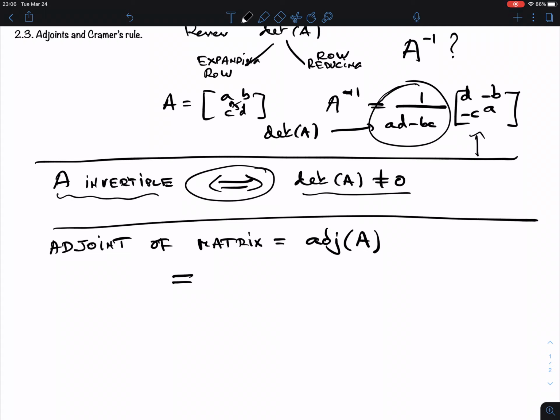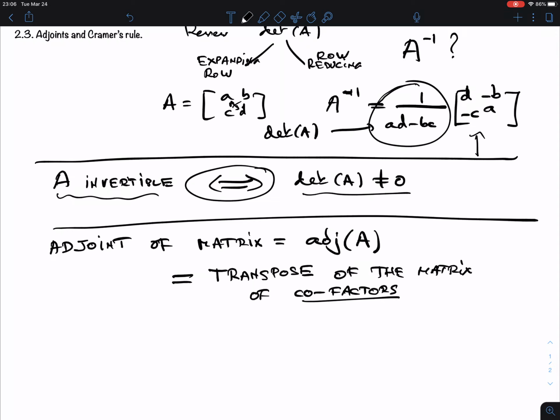It's going to be the transpose, we'll talk about again what that is, of the matrix of cofactors. Now the cofactors, I might have forgotten a little bit what it is, but I'll review everything.